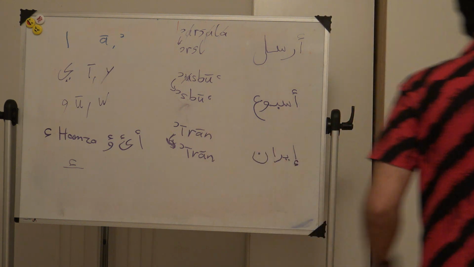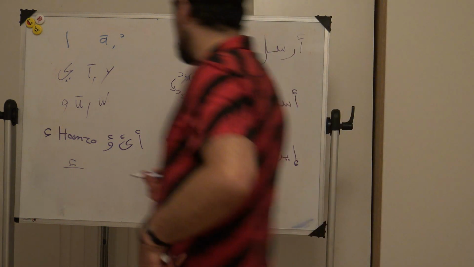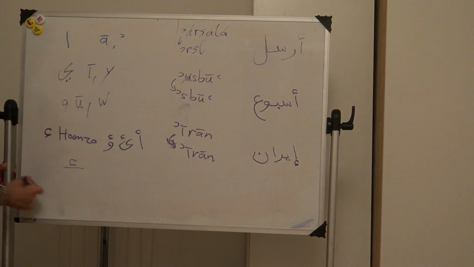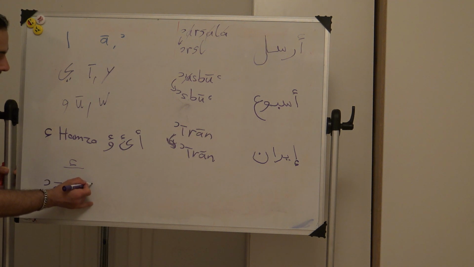We do have some space left. What happens if after the Hamza a long A follows? It can also happen in the middle of the word. The important thing is just the idea that the Hamza sits on the alif.